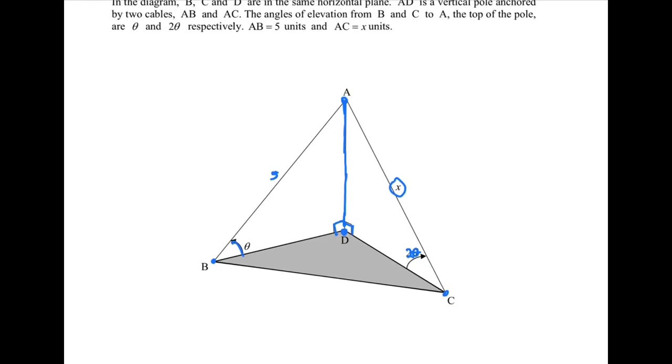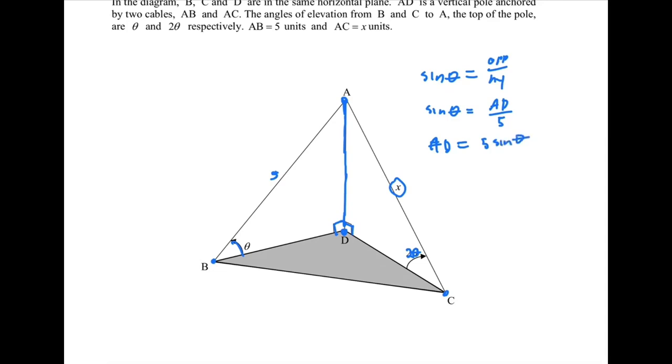So here on triangle ABD, sine of theta is equal to opposite divided by hypotenuse, right? So sine of theta equals opposite, which is AD, over the hypotenuse, which is 5. If we cross multiply, we get AD is equal to 5 sine of theta.